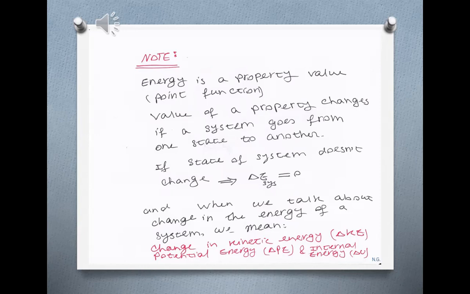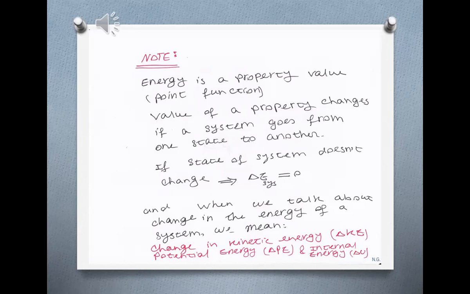Give me something. Professor, wasn't that output minus input? As in, final minus initial, isn't it 0? Because if it's a cycle, the final state and initial state are the same. It starts from a state and goes back to the very same state, so there will be no change in the energy of the system.